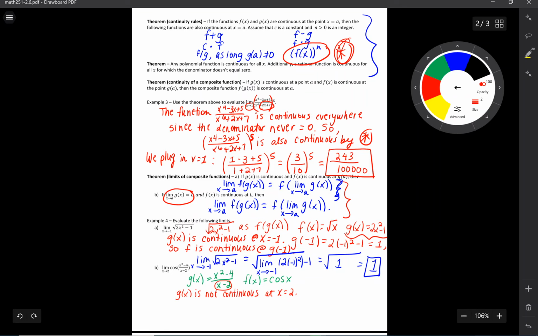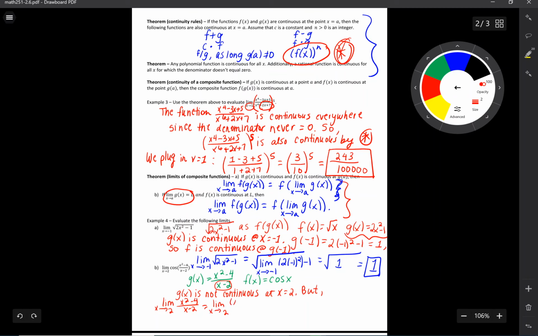Let's see if I have a limit at the point x equals 2 though. So the limit as x goes to 2 of x squared minus 4 over x minus 2. Well, this is the limit as x goes to 2.